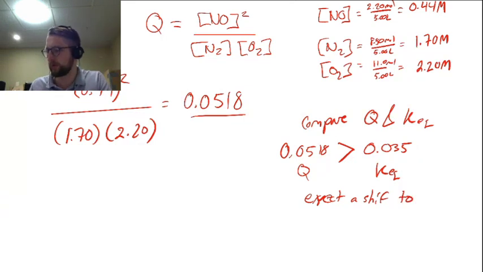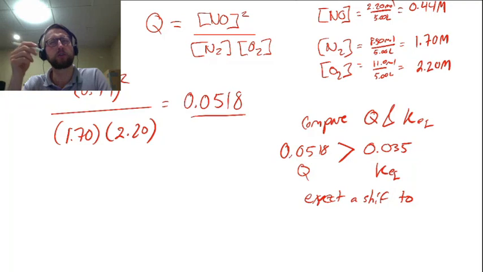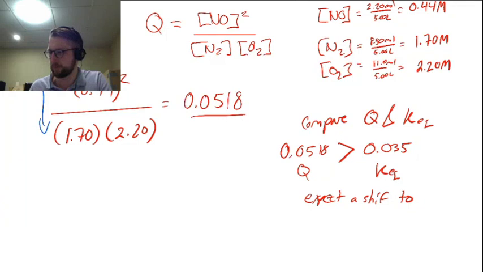Let's think about this. We want to shift it so that that number comes down, right? The change we want is down. We need this number to come down. Change needed.